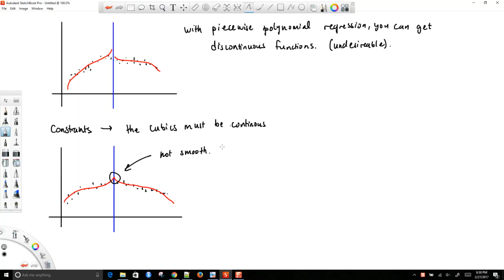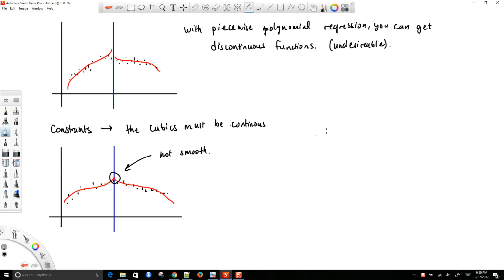So to force smoothness, we can add another constraint: the first derivatives have to be the same, and the second derivatives also have to be equal to each other. So the points and the derivatives have to be continuous at that knot. The first derivative will make sure they have the same slope, and the second derivative will make sure they have the same curvature there.